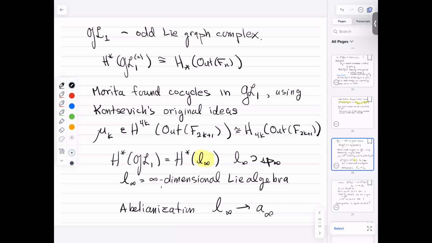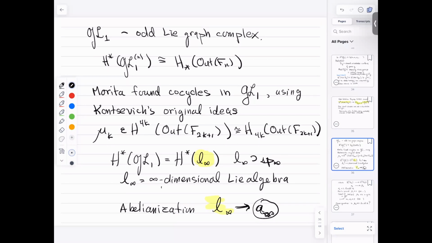So what did Morita do? Well, he took the original Lie algebra that Kontsevich was looking at, L infinity, and abelianized it. An abelian Lie algebra is a really simple graph complex. It's zero. So if you can figure out some of the vector spaces here, which he did.